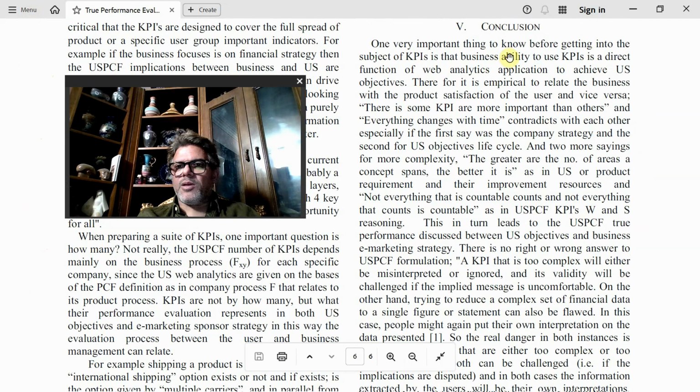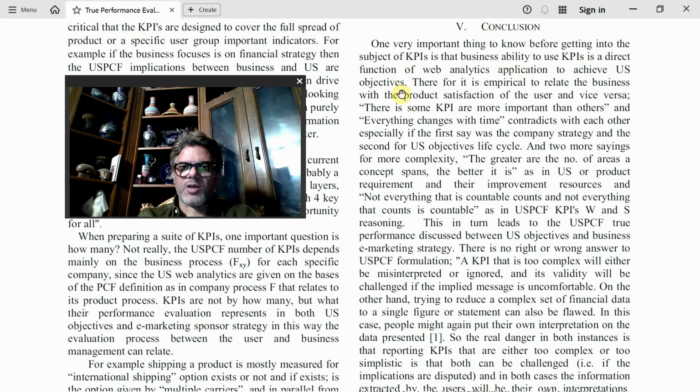One very important thing to know before getting into the subject of key performance indicators is that the business ability to use KPIs is a direct function of the web analytics application to achieve user satisfaction objectives. Therefore, it is imperative to relate the business with the product satisfaction of the user and vice versa, as shown in the marketing environment.